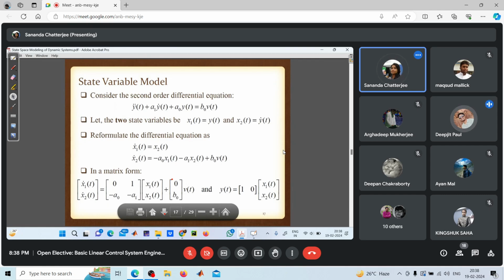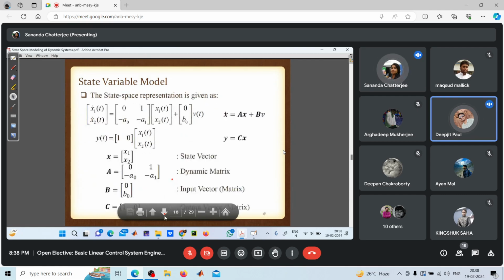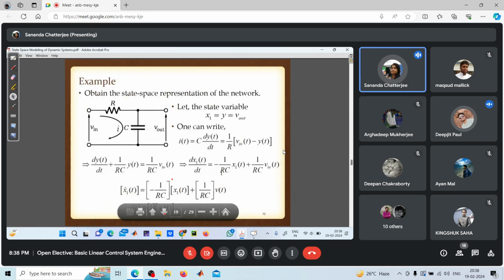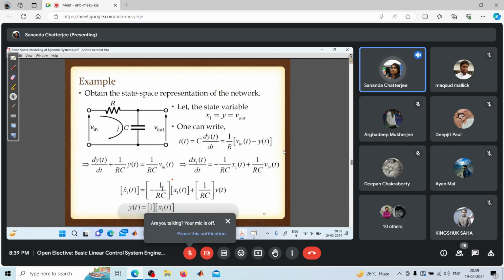See, when we have got this mathematical model for this RC circuit, you got this relation, that is, this is the A matrix, minus 1 by RC. You know the values of R and C. Say 1 by RC is equal to 0.5.